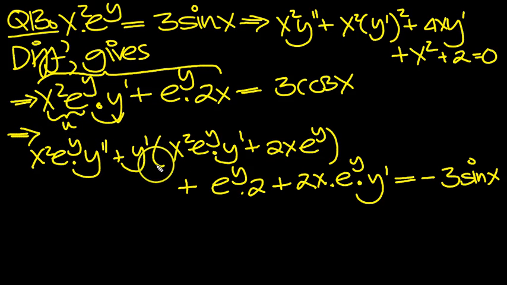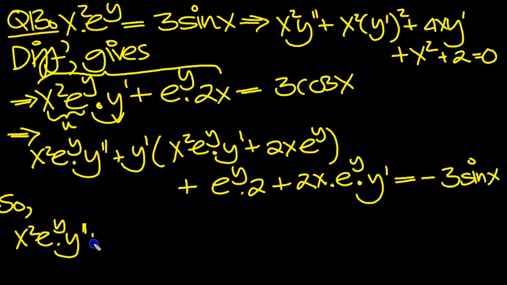Okay, so it's just a matter of tidying it up now, hopefully, and dividing by e to the y, and replacing the 3 sine x by this thing here. So let's do that then. I'm just going to expand the brackets first. So what have we got here then? We've got x squared e to the y times y double dashed plus x squared e to the y here, and then it's going to be y dash squared, isn't it?